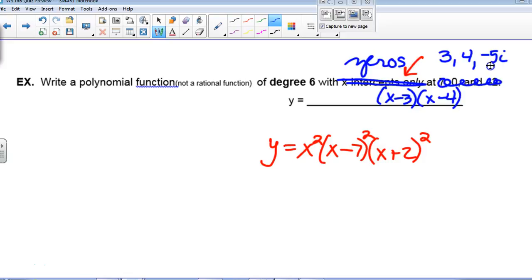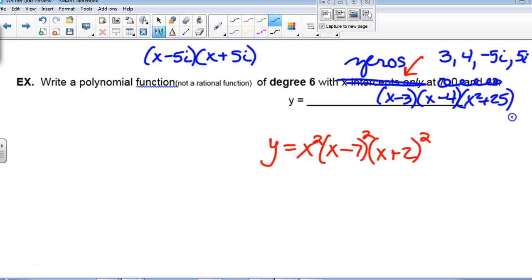If it has a 0 at negative 5i, it has to have one at 5i. If I wrote those, x minus 5i and x plus 5i, and if it said real coefficients, you'd have to FOIL those together. Anybody know what you're going to get? X squared plus 25. Okay.